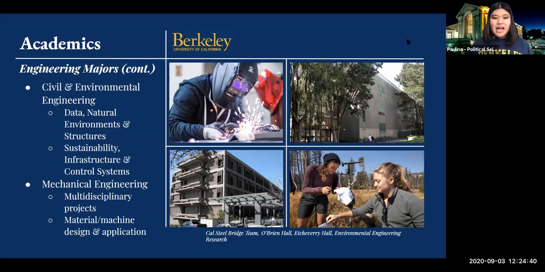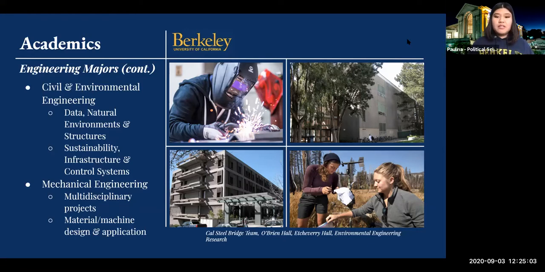On the right side of your screen, you can see some of our programs. Cal Steel Bridge Team, which is in the top left hand, O'Brien Hall, Echeverry Hall again, and some environmental engineering research. Cal Steel Bridge is really, really cool. I've had friends who are in Steel Bridge, and this goes back to the civil engineering aspect.